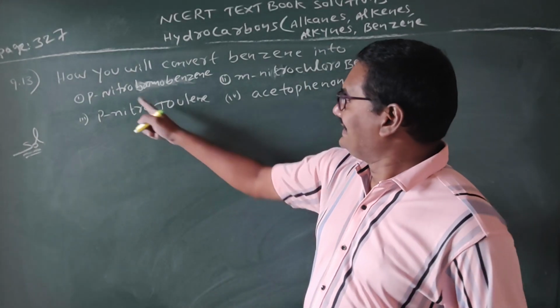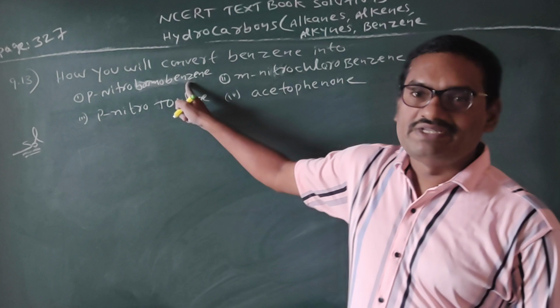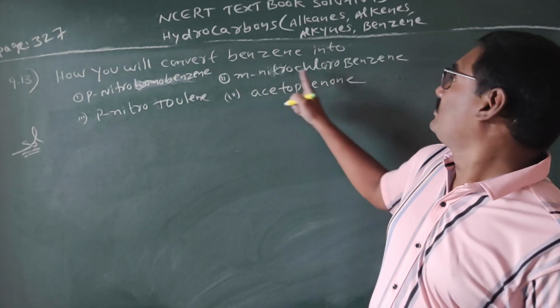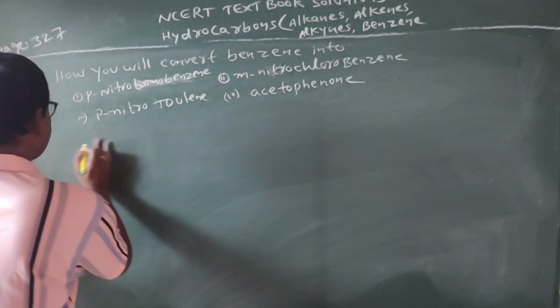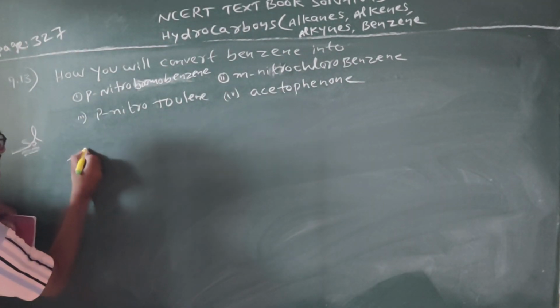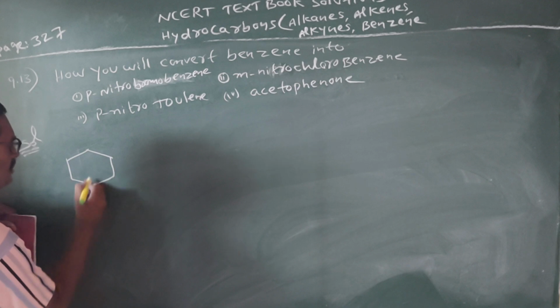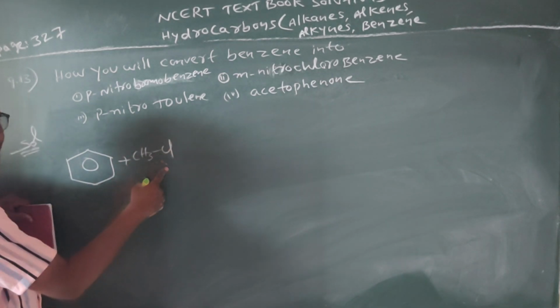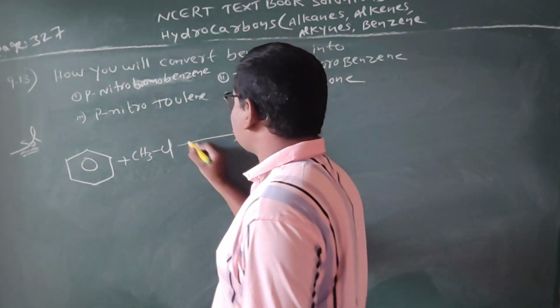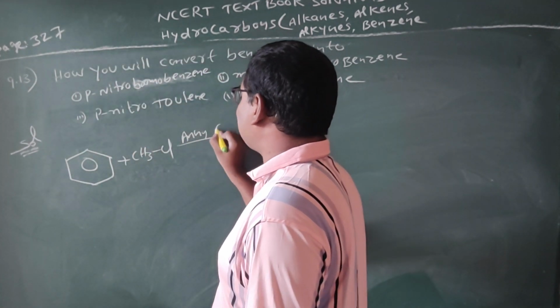So para-nitrobromobenzene is completed, meta-nitrochlorobenzene is completed. Third one, para-nitrotoluene. Here the answer is, first take benzene. React it with methyl chloride in the presence of anhydrous FeCl3.